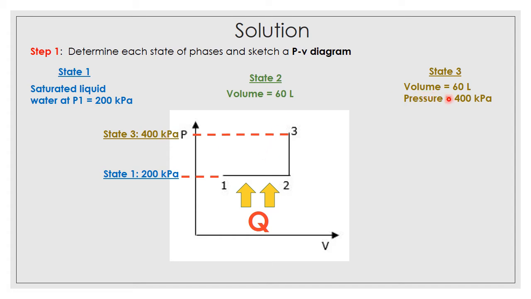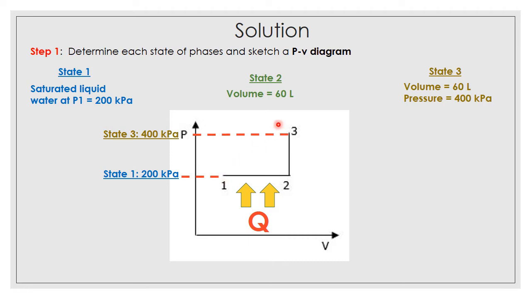Okay, so then we sketch the P-v diagram, knowing that state 1 is the saturated liquid, so we should start somewhere at state 1, and then state 3, from the question, gives us the information of the saturated mixture.